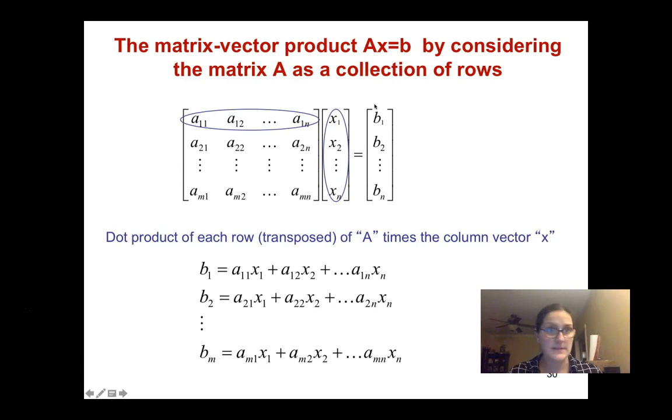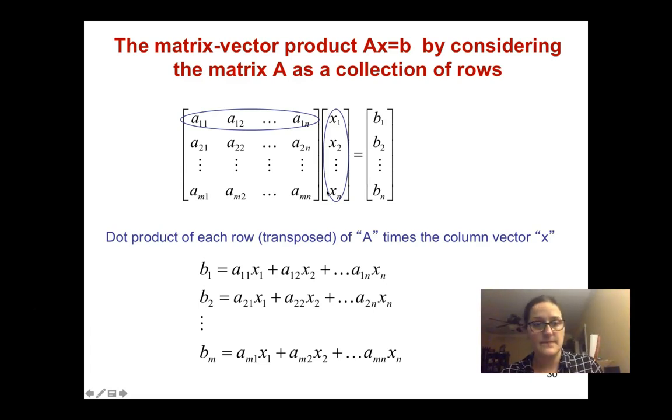Then I'm going to just keep doing that. Second row, dot product with my column here, and that's going to give me b2. So b2 is a21 times x1 plus a22 times x2 plus all the way to a2n times xn, and that's equal to b2. I'm going to proceed until I have my mth row, the last row, and I'm going to do a dot product between that last row and this column here.